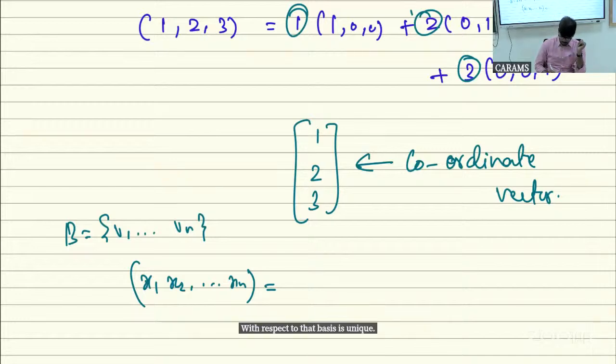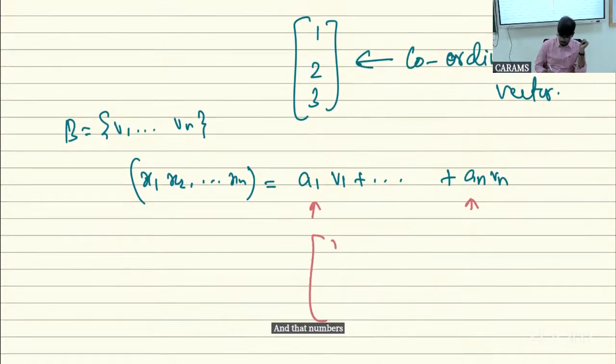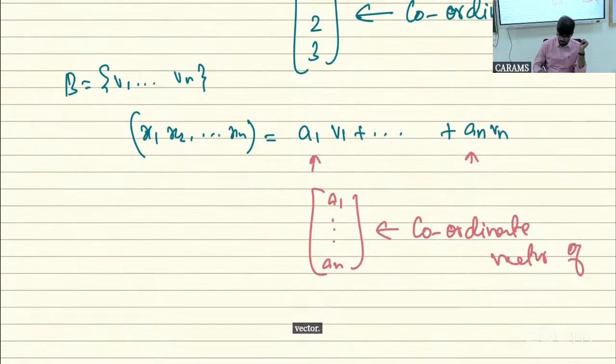That means you will have some a1 v1 plus and so on plus an vn, and this a1, a2, and so on up to an is unique, and those numbers we call the coordinate vector of x1 and so on up to xn.